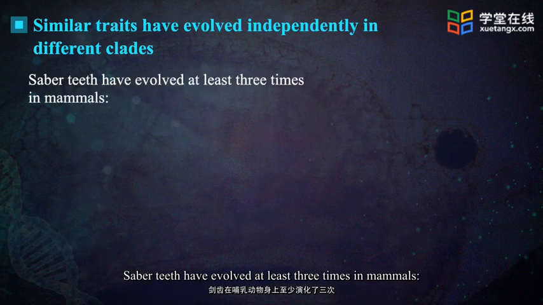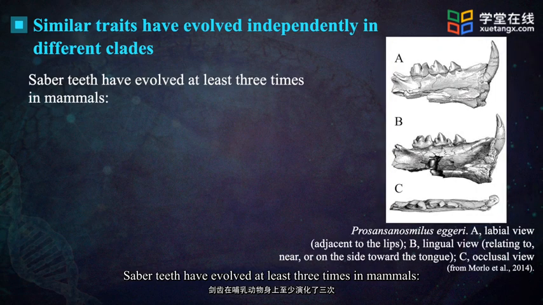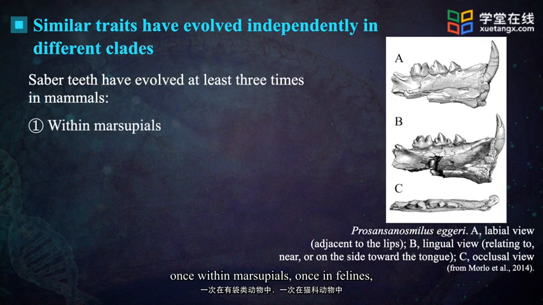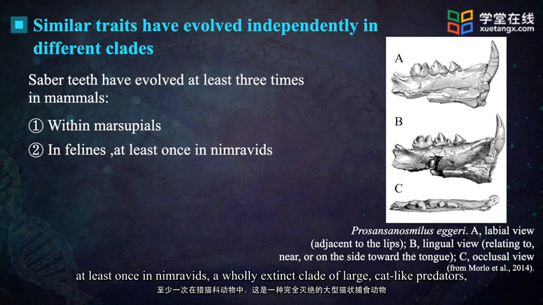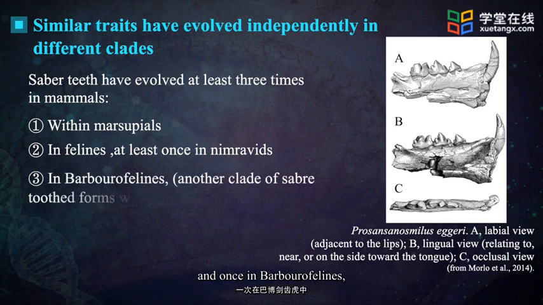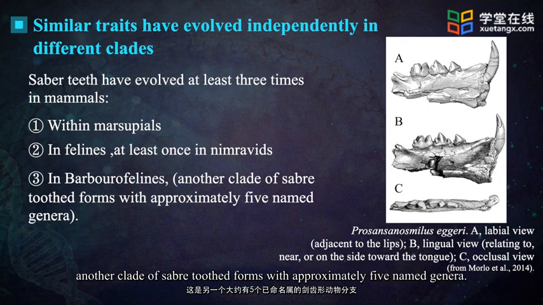Saber teeth have evolved at least 3 times in mammals: once within marsupials, once in felines, at least once in nimravids, a wholly extinct clade of large cat-like predators, and once in Barbourofelines, another clade of saber-toothed forms with approximately 5 named genera.